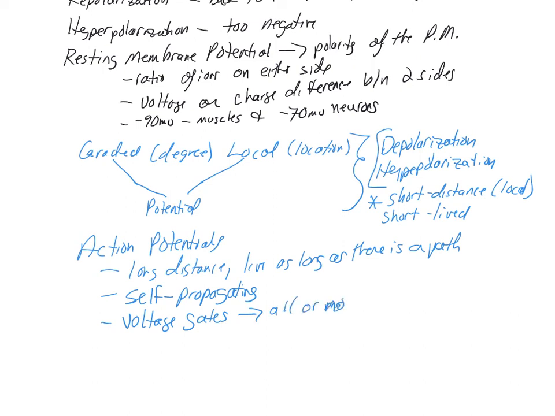So they are all or nothing. They go to the end. Graded potentials, by the way, are primarily started by chemical gates or mechanical gates. All right, we're going to stop the recording there, and then we'll move on to the next video lecture.